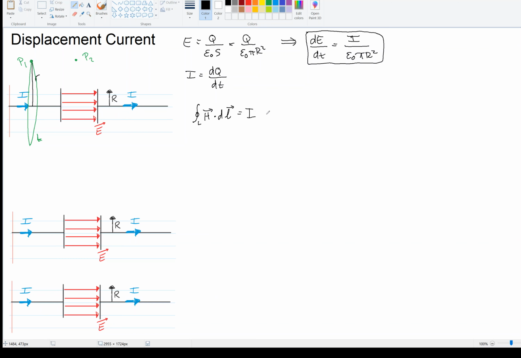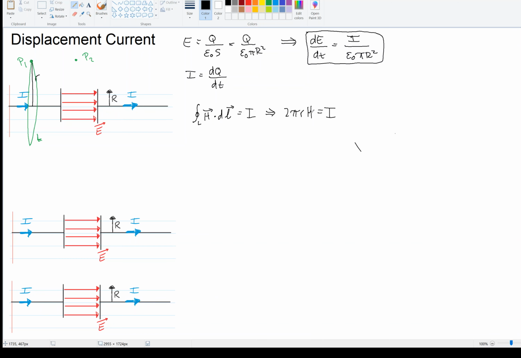So we've played this game before. We know that we've chosen a correct Amperian path, and so we can pull out H because it's parallel to our Amperian path everywhere. Right, so now we have this.